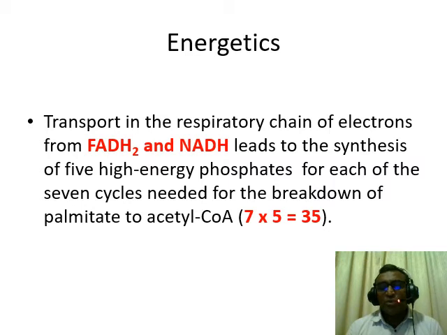So if you put together the 7 FADH2 multiplied by 2, you get 14, and then 7 multiplied by 3, you get 21. So 14 plus 21, you get 35 ATP in total for the 7 cleavages that are happening on the palmitic acid.